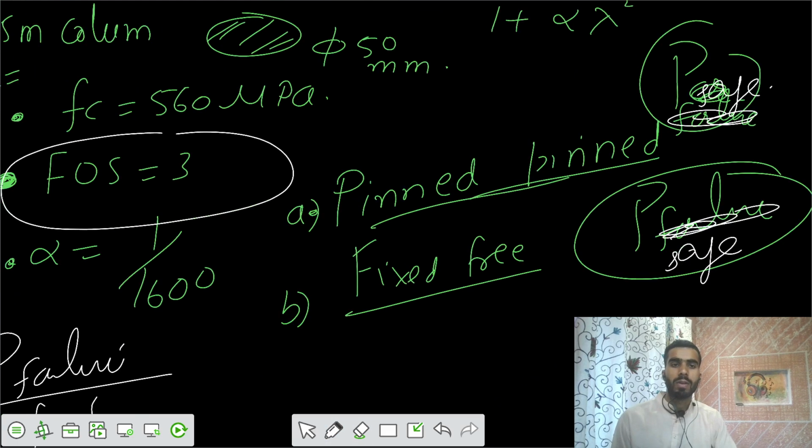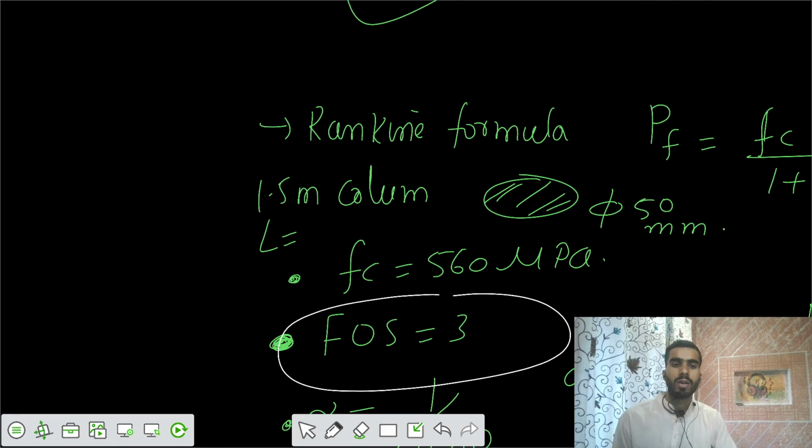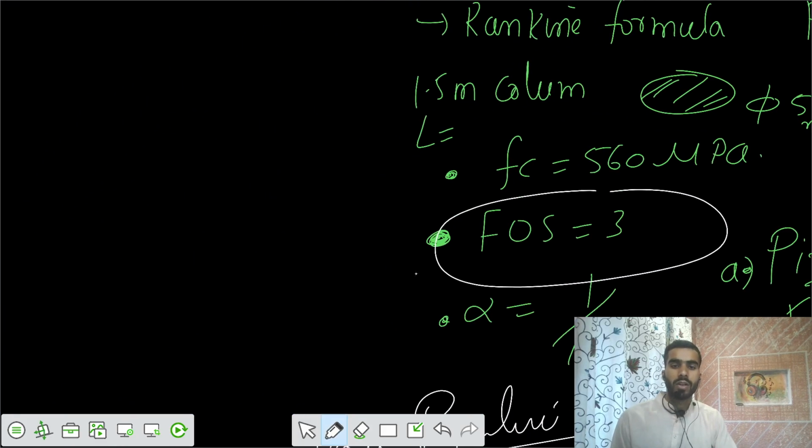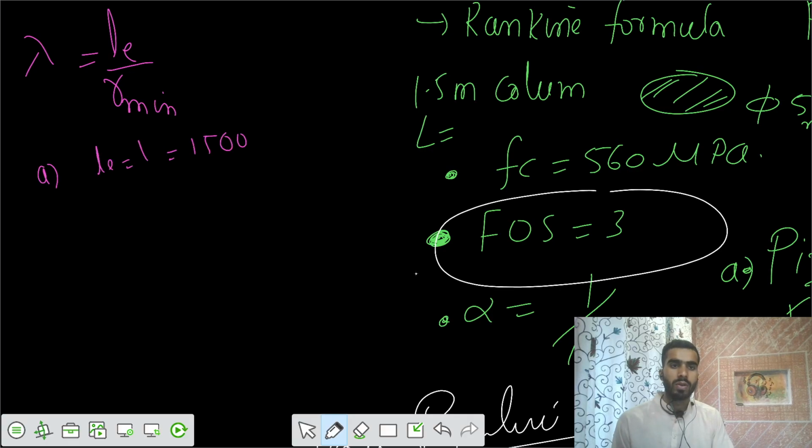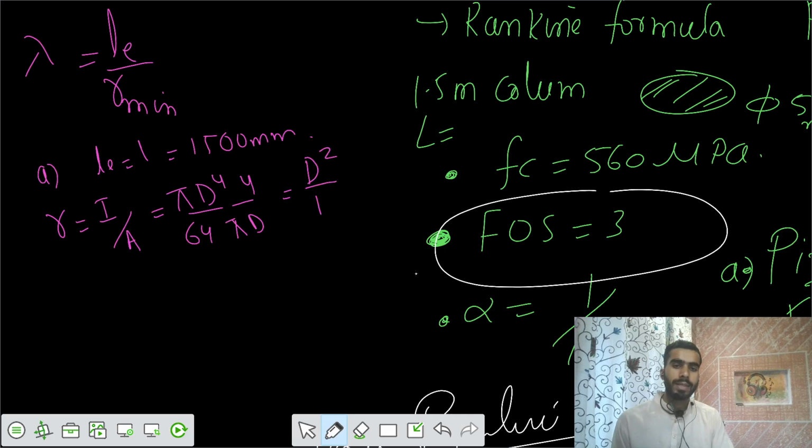So what is the value of lambda for hinged condition? Lambda equals L effective by R minimum. For case 1, your effective length equals L, that is your 1500 millimeter, and your R would be equal to I by A, that's pi d power 4 by 64 over pi d square by 4, that's d square by 16.